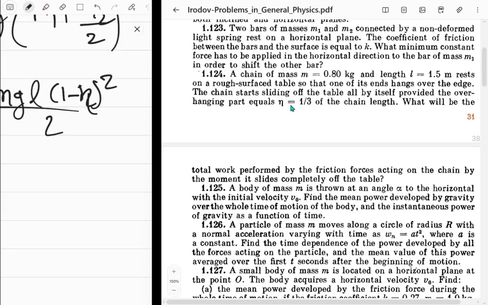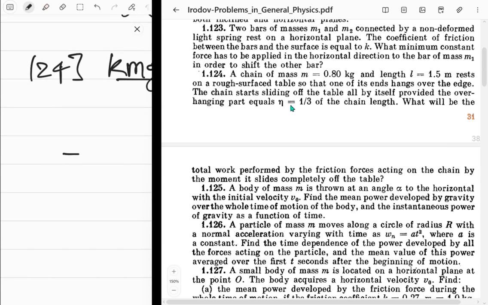Just plug in numbers. Mass is given. So the friction coefficient is just, what's the friction coefficient? Huh? It's not given. Oh no. But why is this not given?